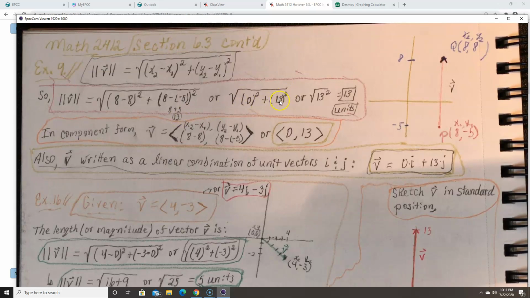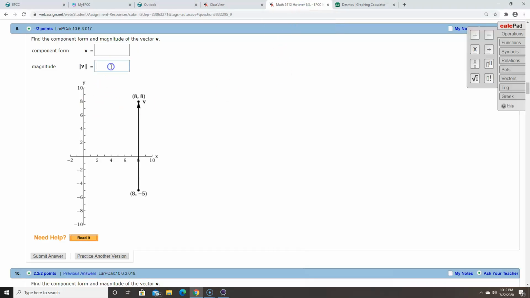And so there's your 13 squared. 0 squared plus 13 squared is still 13 squared. You could write 169 and then take the square root of 169 and get right back to 13. Or you can just realize I have a power of 2 inside a root 2, and they are inverses of each other, so they compose out to just the base, which is 13. So either way, you're going to get 13. I hope that makes sense. So that's one answer that they were asking for, the magnitude.